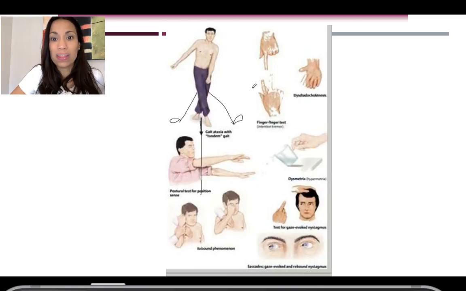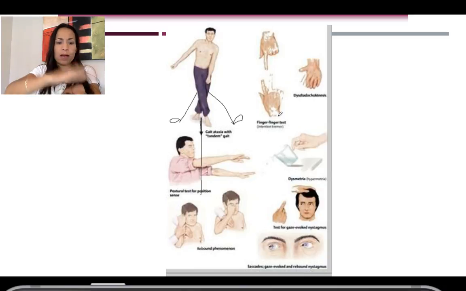What else? They cannot coordinate movements. One of the ways we evaluate that is by doing alternating movements, like turning the palms of your hands up and down, or touching your nose and then something that is moving in front of you, like a pen. If your cerebellum is working properly, you can do this even with my eyes closed.